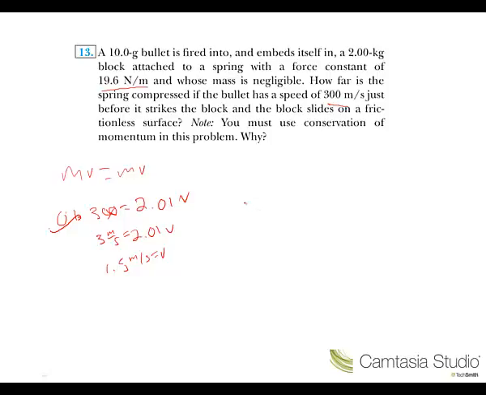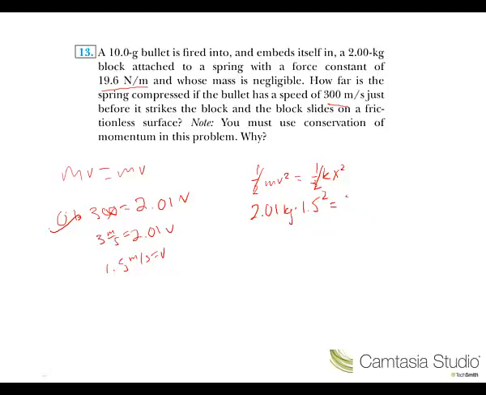So what's going on? We're conserving energy. We're moving from kinetic energy to spring potential. Just like that. Halves cancel. Our mass is 2.01 kilograms. Our v is 1.5 meters per second squared. k is 19.6.